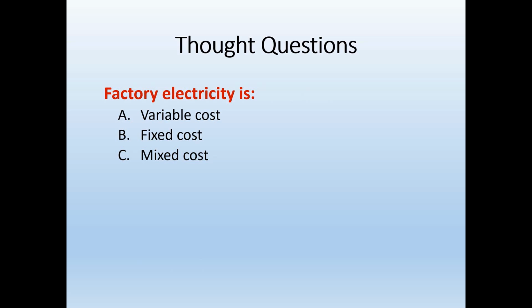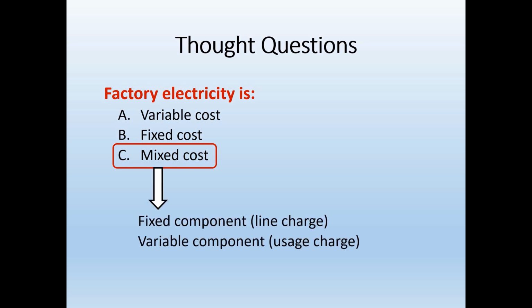What about factory electricity? Is it variable, fixed, or mixed? This is a harder question. Factory electricity is actually a mixed cost because it has a fixed component called the line charge, and then on top of it, it has a variable component called the usage charge.